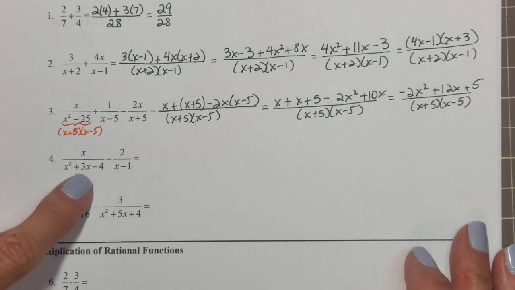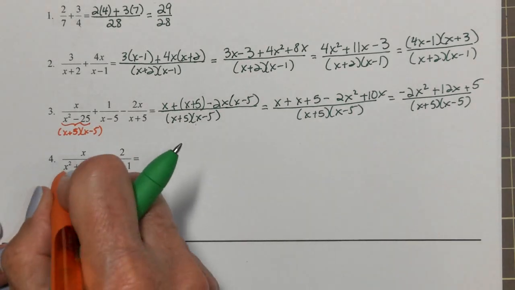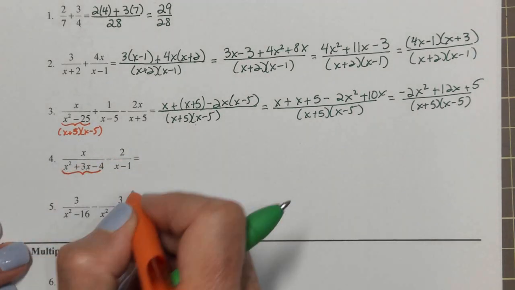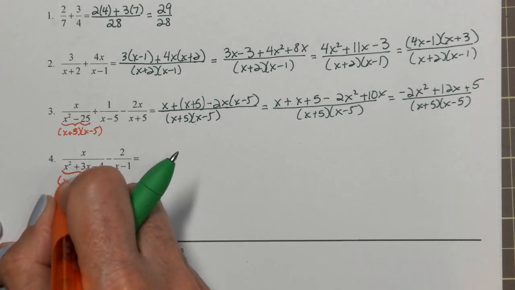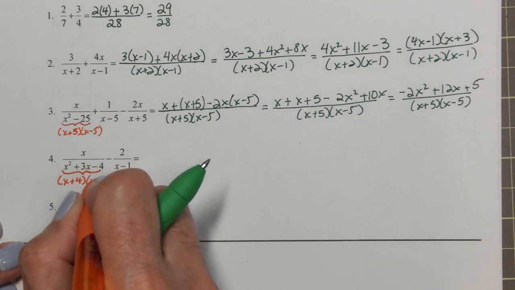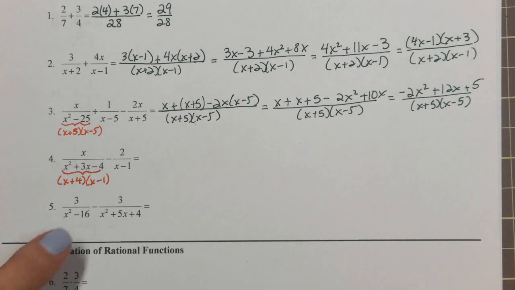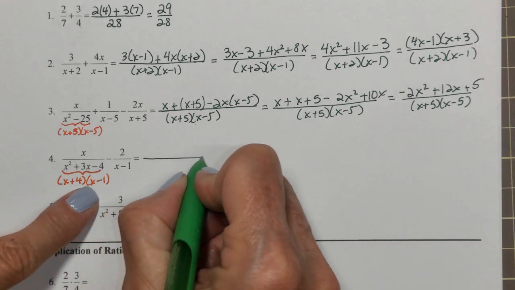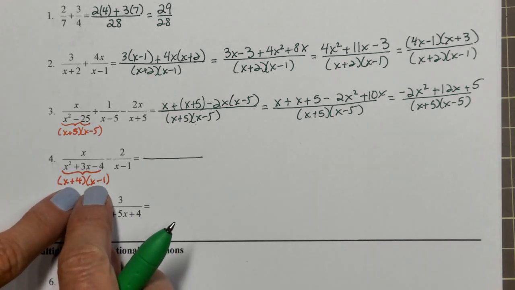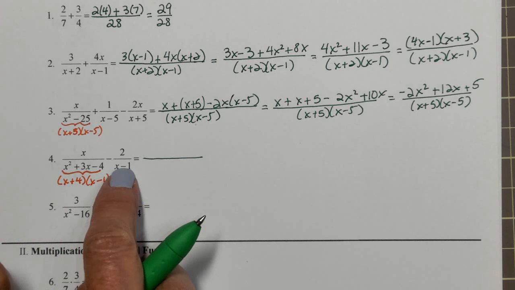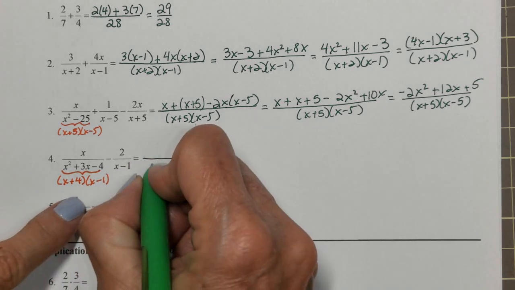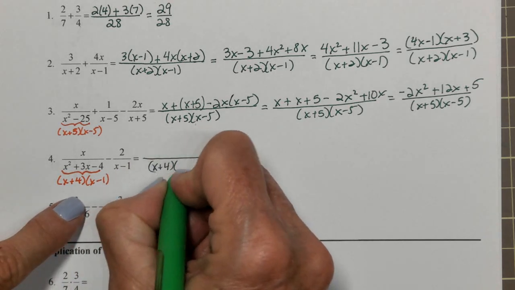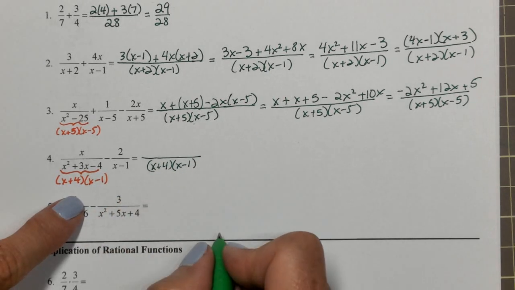Okay, the next one. This first rational function, the denominator can be factored into x plus 4, x minus 1. So the common denominator will be, I have x plus 4, x minus 1, and I have an x minus 1 here. So the common denominator will be x plus 4 times x minus 1.